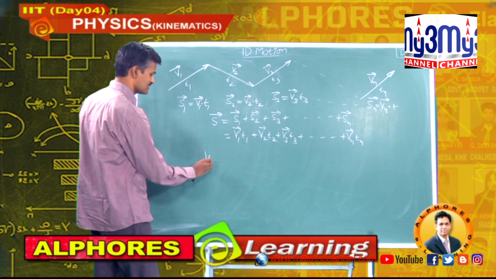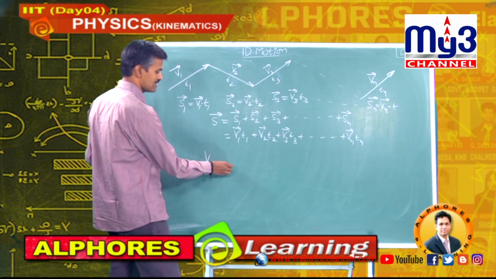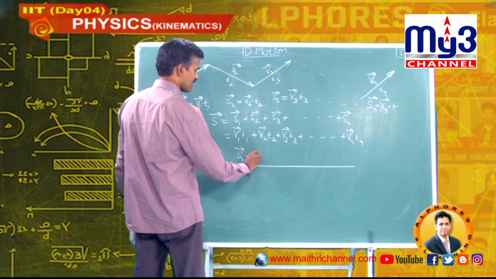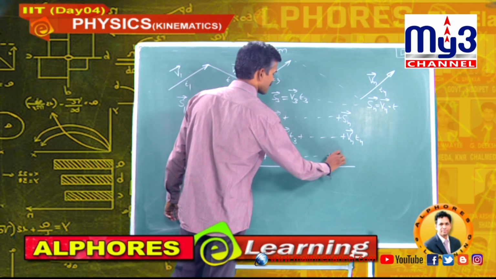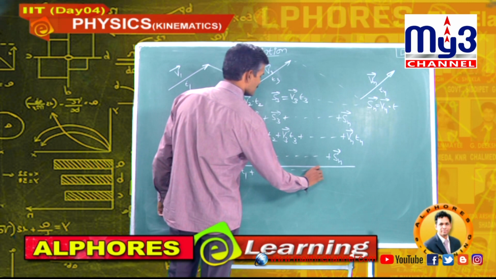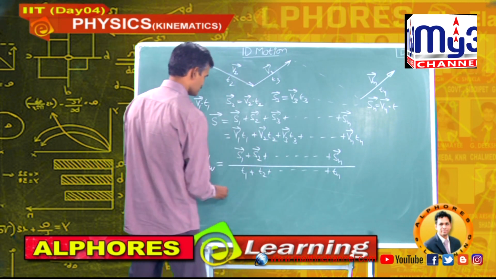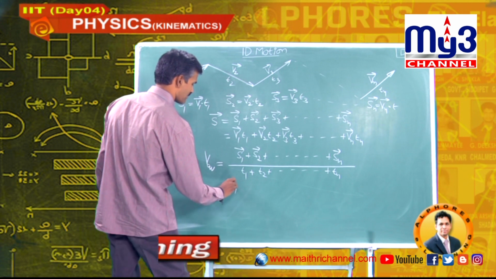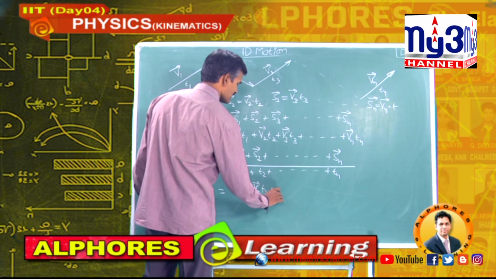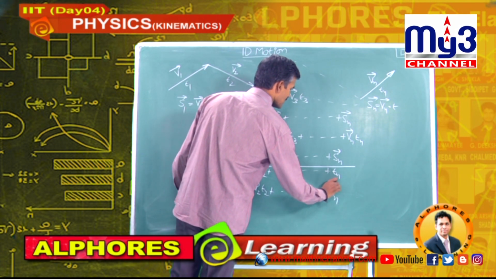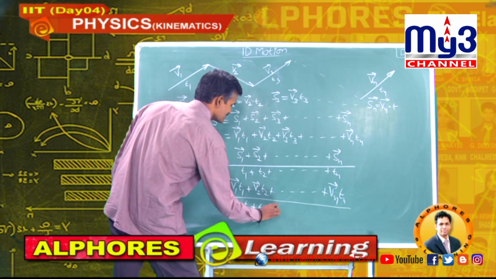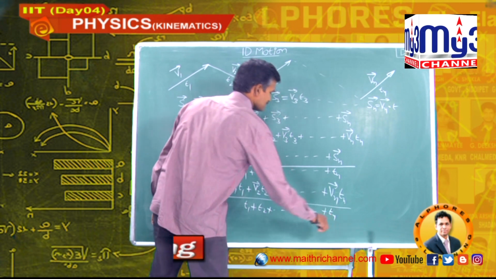So the average velocity of the body, V average, can also be calculated as S1 bar plus S2 bar plus and so on plus Sn bar by time T1 plus T2 plus and so on plus Tn. So this can be written as V1 bar into T1 plus V2 bar into T2 plus and so on plus Vn bar into Tn by T1 plus T2 plus and so on plus Tn.